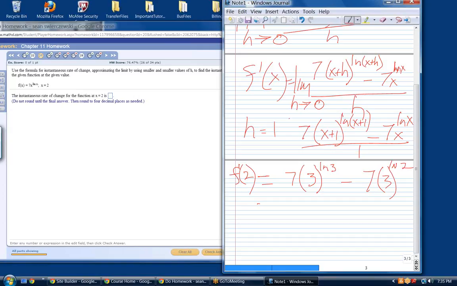Did I do that right? No. Yes. No, I didn't. This is 7 times 2 raised to the natural log of 2, all over 1. Now you should be able to come up with a number for this.